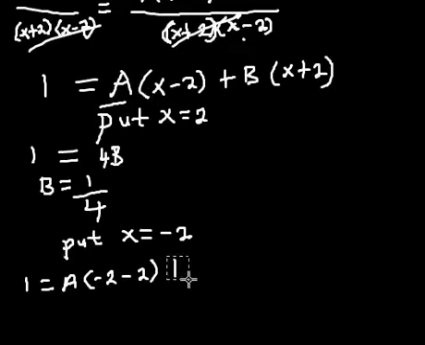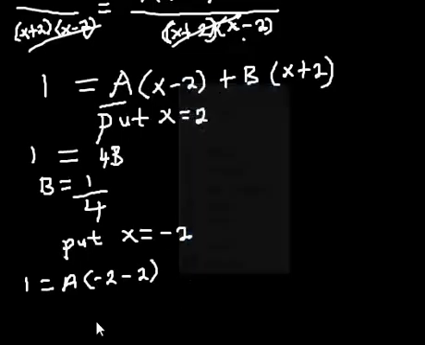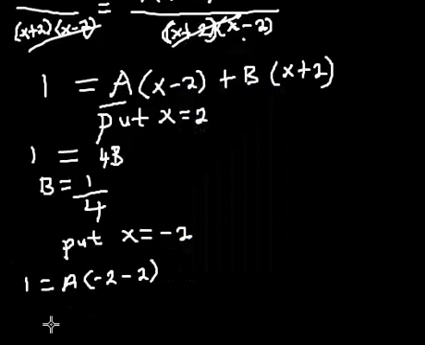So here I'm having minus 4A. So that makes A equal to minus 1 all over 4.